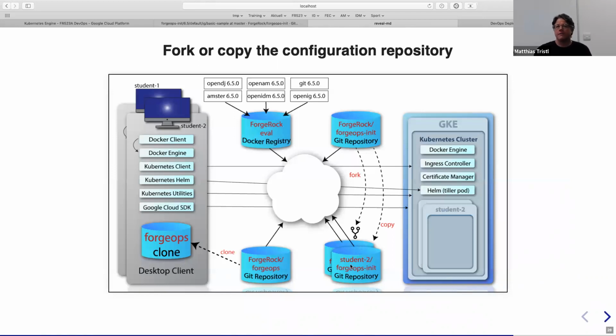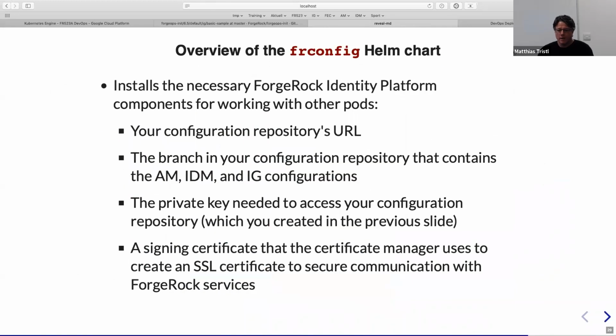So it has to be on GitHub or any other Git repository, which is then available for the Kubernetes environment, so it can download this configuration. I'll show you in a minute a little bit how exactly that works.